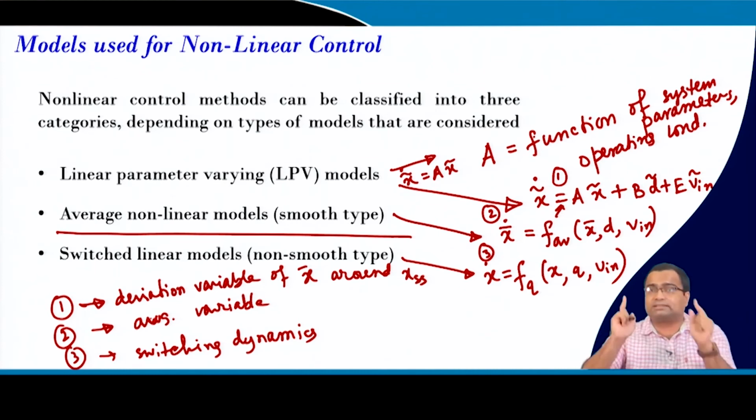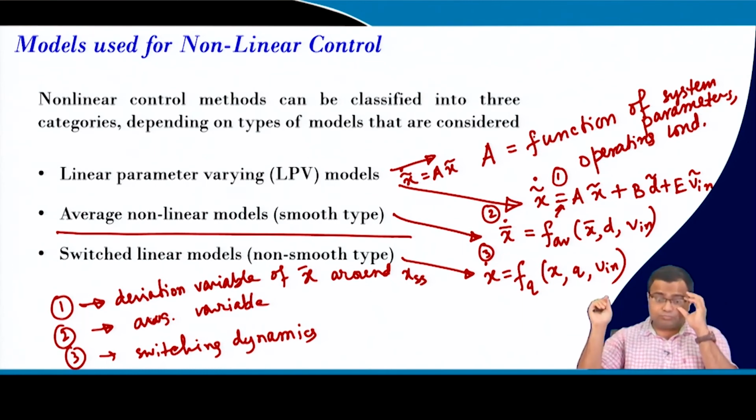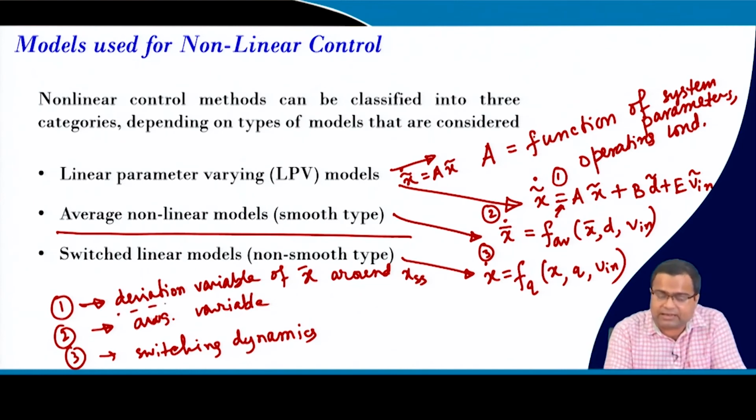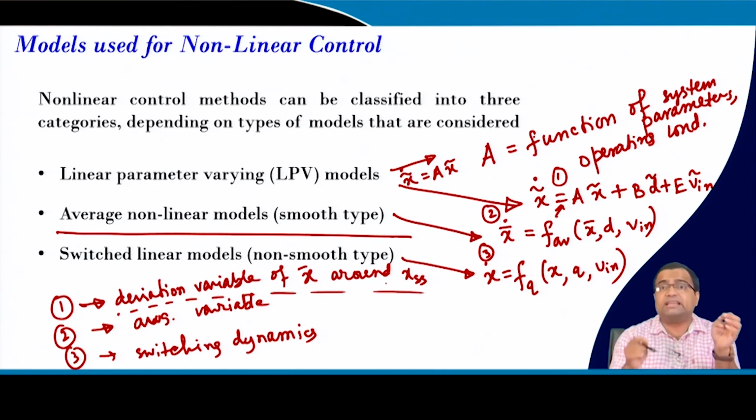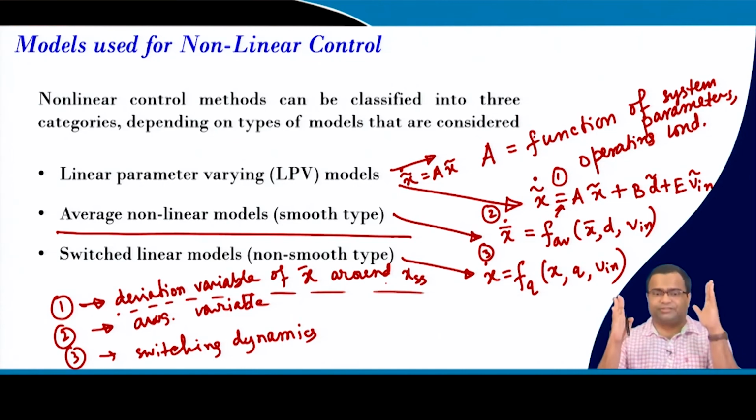But the first one is the simplest one, but it cannot capture the duty ratio variation during transient. Thus, the variation should be very, very small, but we can apply our linear tools, because this is a linear parameter varying model. So, we can design a compensator using our classical linear control theory toolbox, but the model limit is a concern.